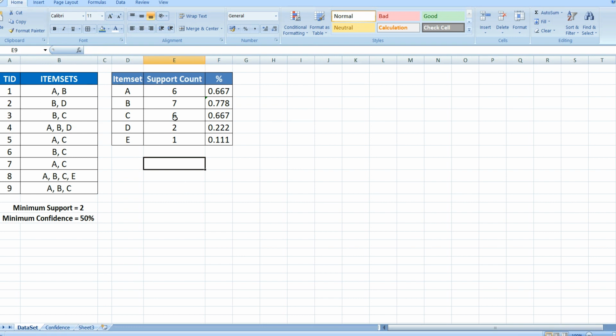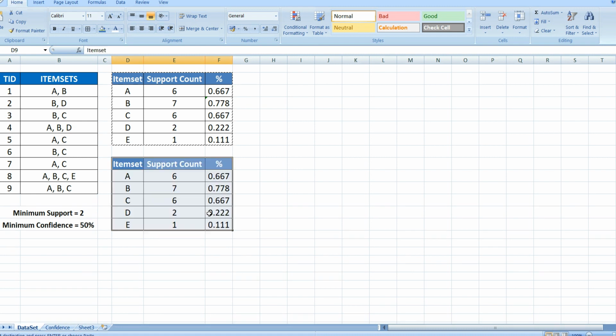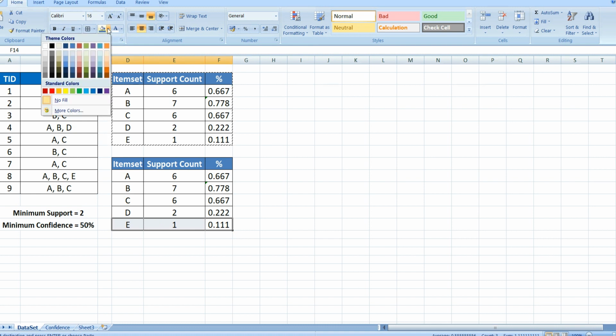Our next step is then to compare the support values with the minimum support given. Let's take that down a little bit. Then if we compare with the minimum support given, we see that E does not satisfy the minimum support given.